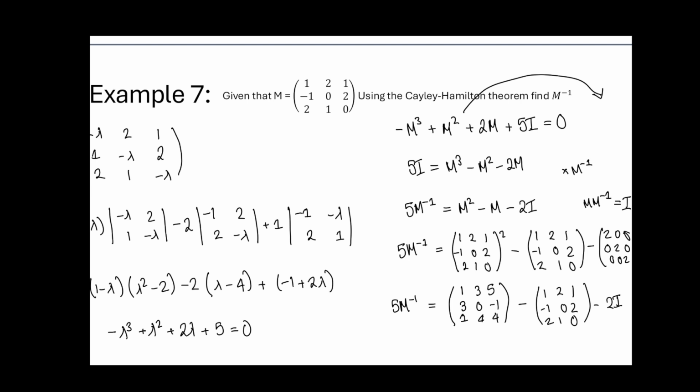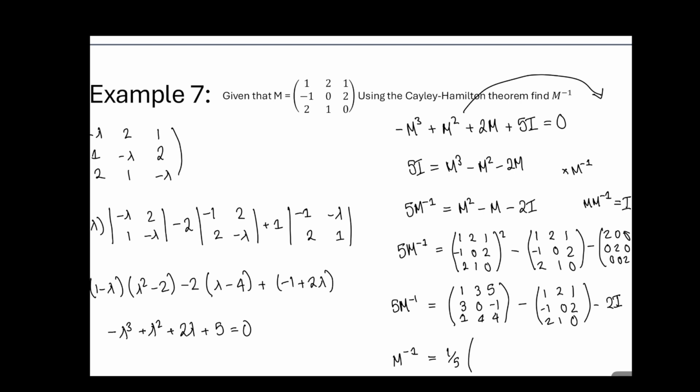And so we're left with M inverse, the inverse of M, is equal to 1/5 of minus 2, 1, 4, 4, minus 2, minus 3, minus 1, 3, 2. Hopefully all of that made sense to you all.